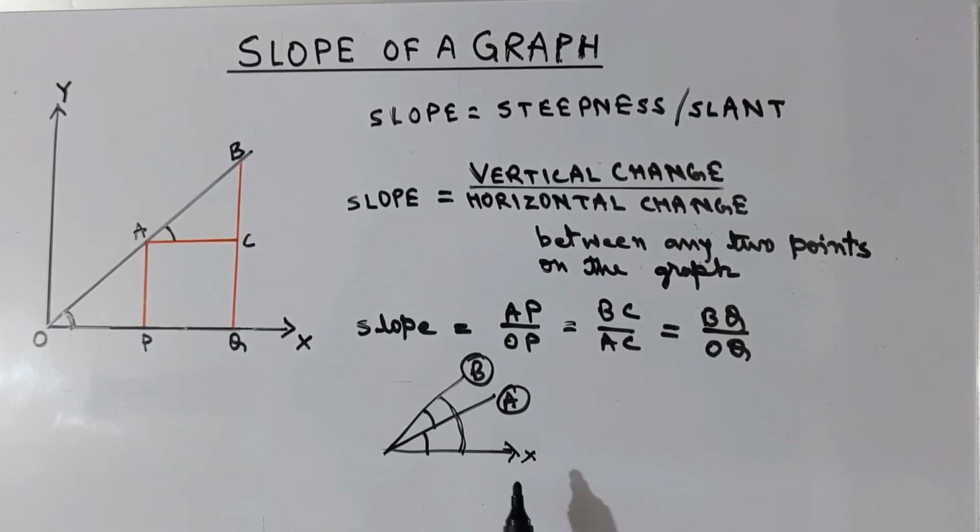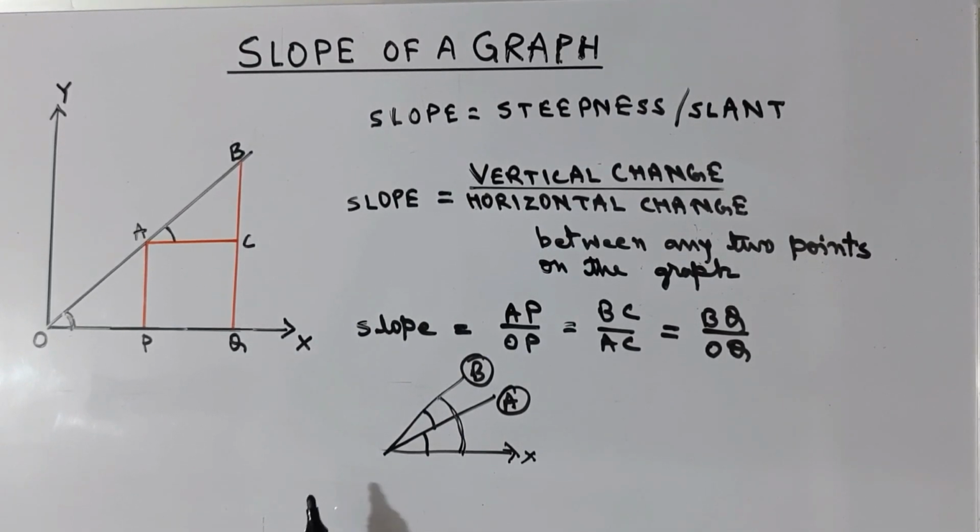So we can compare the slope of the graphs just by looking at the angles between the x-axis and the respective graphs. This result is very important. It is very useful in calculation of velocity and acceleration from the graphs.